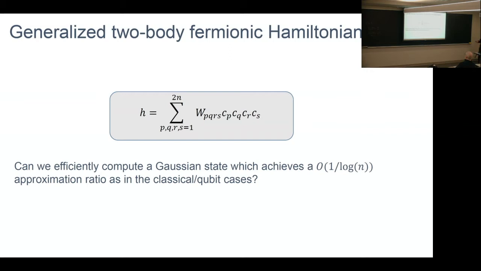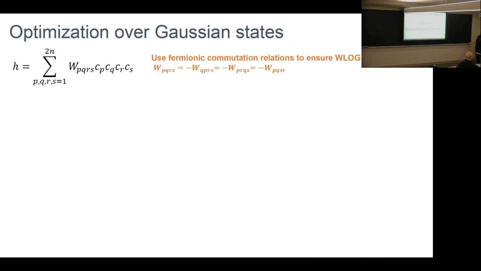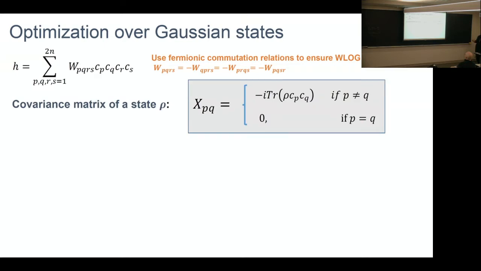Okay, so for any quantum state rho, we can define a covariance matrix, which is the expected value of i C_p C_q, p not equal to q, and then 0 on the diagonal. This matrix is always real and antisymmetric, and its norm is at most 1. But Gaussian states, you should think of them as being like multivariate Gaussian functions. They are completely determined by the covariance matrix. And you can compute higher order expected values, like this expected value of 4 things.